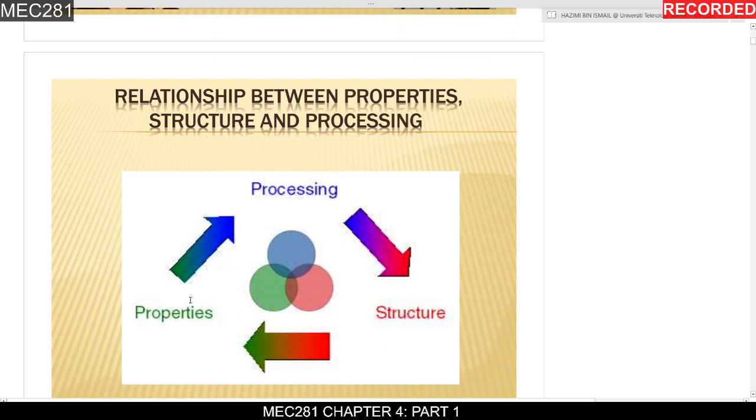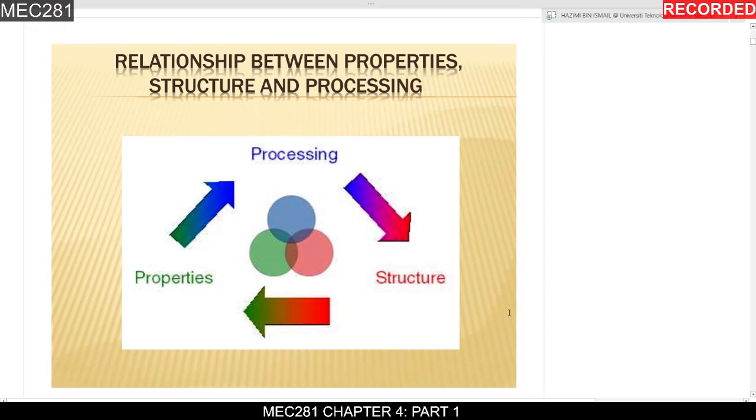What we want in the properties of the materials, we process it to get the structure of that material, and from the structure it will give you the properties that you want. Okay, so basically the properties are the outcome that you want based on the applications where you want the material to be applied.